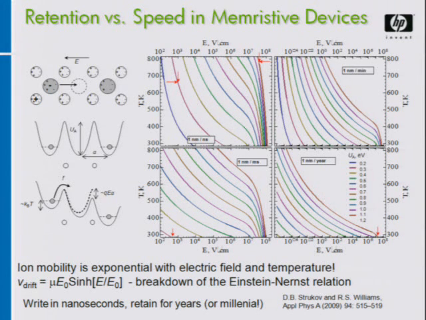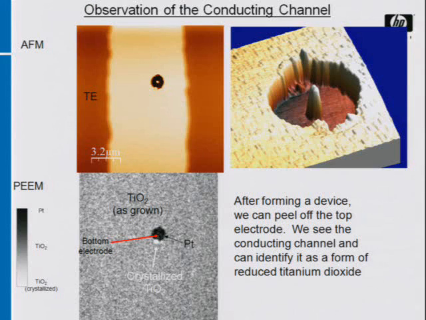Because we can go to high enough fields in these devices that the drift velocity actually becomes 1 meter per second. So we can go from diffusion velocities, if you will, of nanometers per 1,000 years or less to drift velocities of 1 meter per second. So you can switch the device in roughly a nanosecond, but once you've switched it, that information will stay there for as long as any of us in this room care.